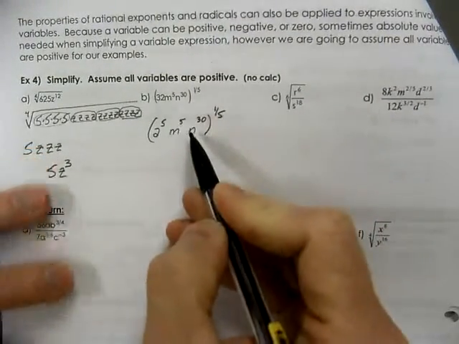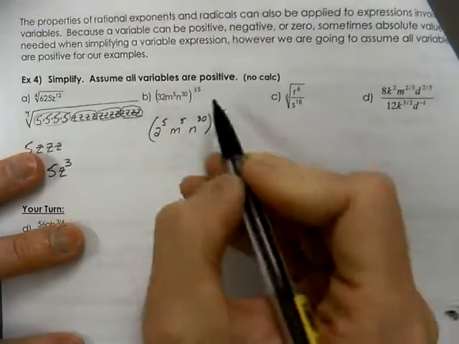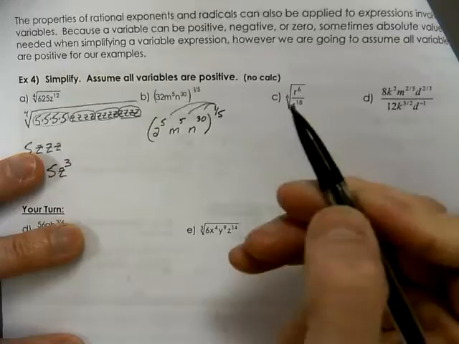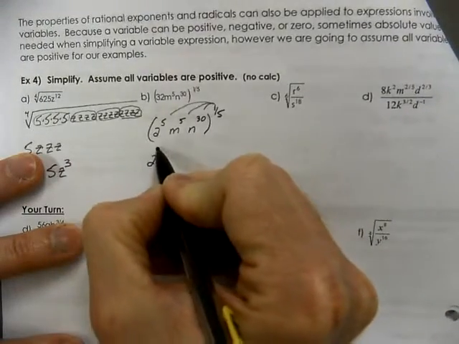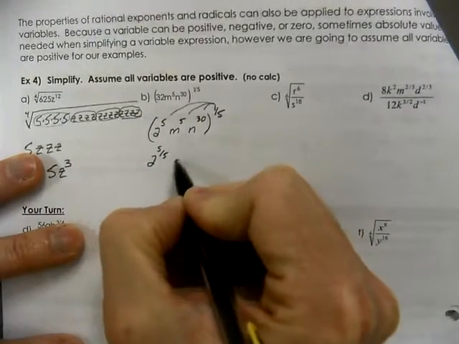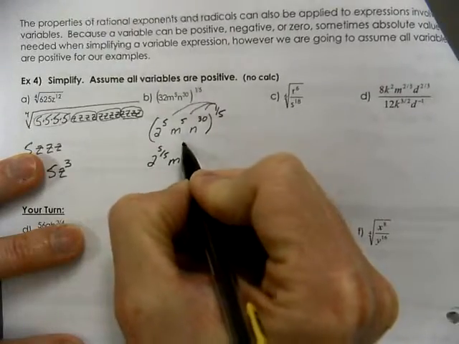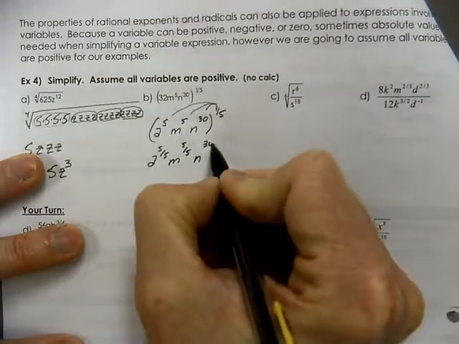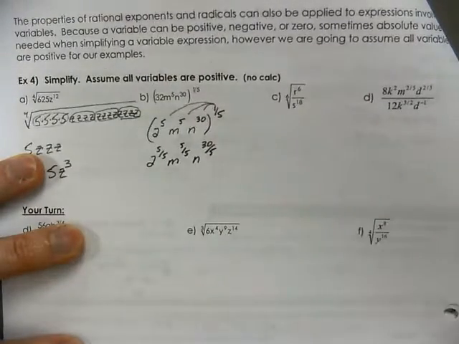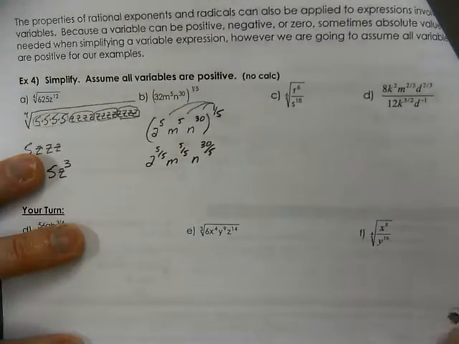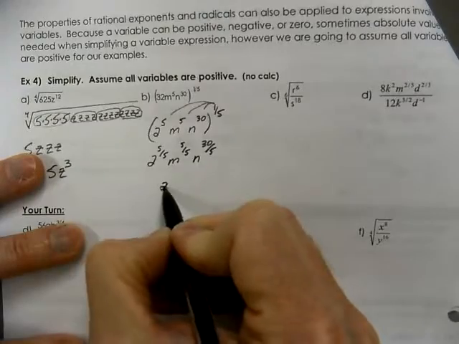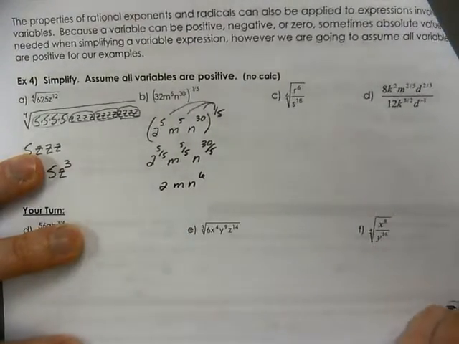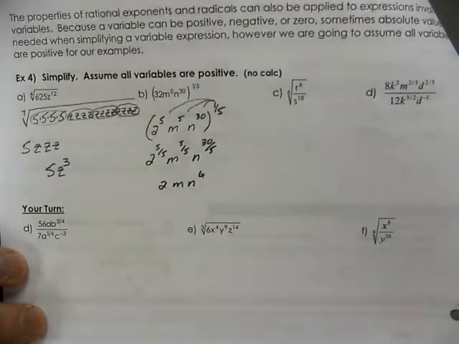I'm definitely not going to draw 30 n's. Now, when you have a power on the outside, we can multiply that to all of the exponents. And when we do that, we can simplify. And there's our answer.